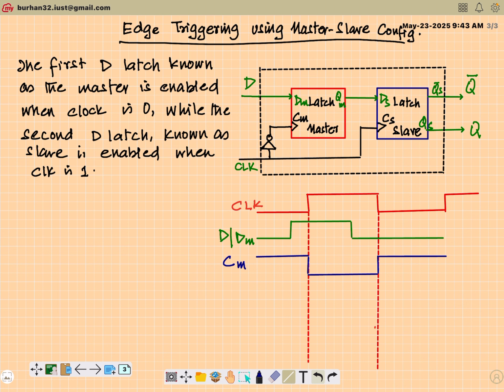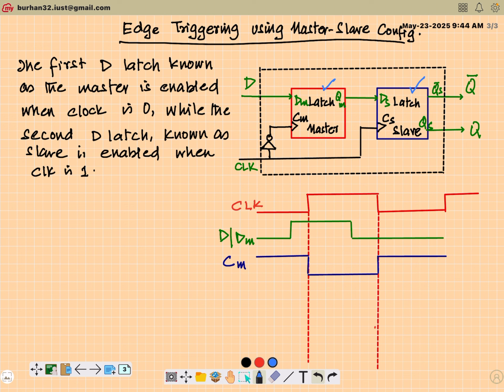Now, in this configuration, as you can see on the schematic here, I have used two latches. The first one that I'm showing in red is what's known as a master latch. This master latch feeds another latch, which becomes the slave latch. They're connected in series, which means the output of the master latch acts as an input to the slave latch.